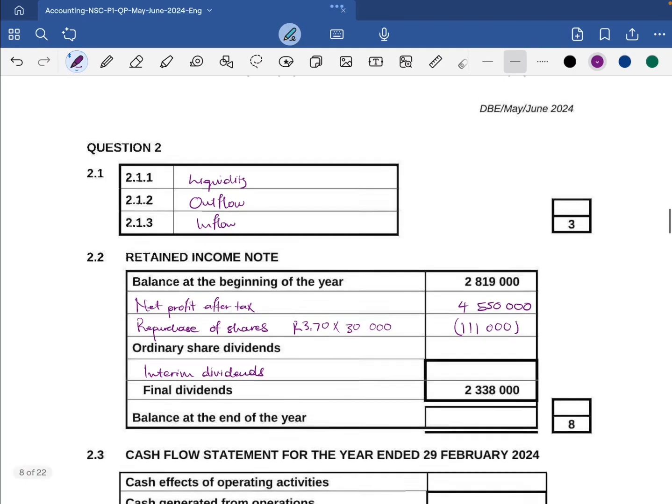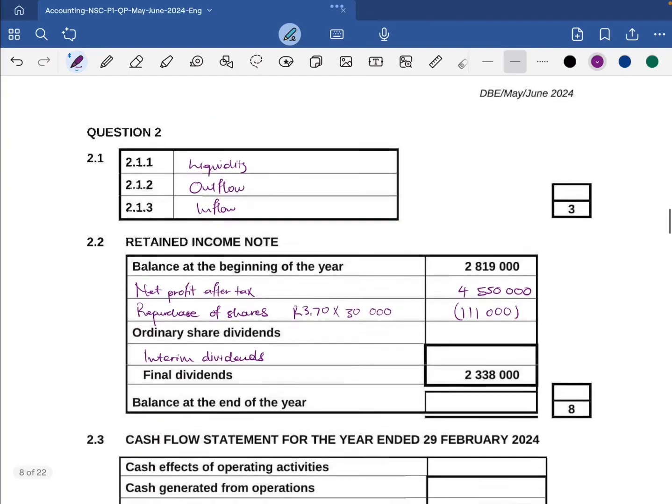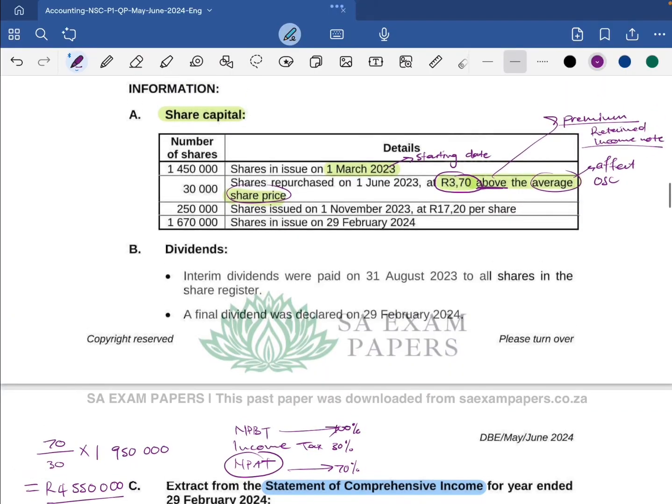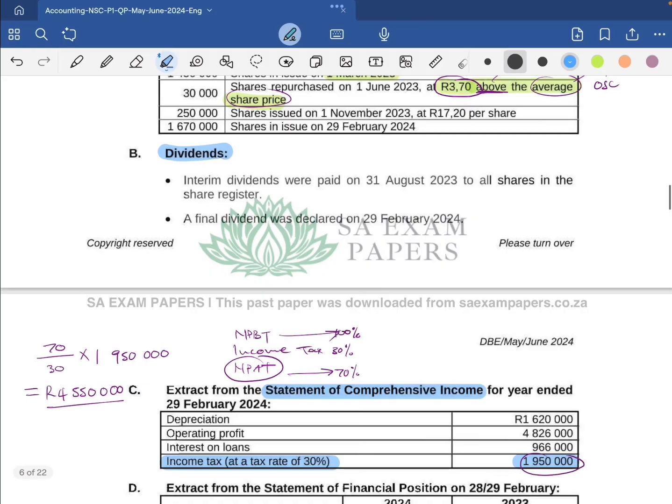Right, now we need to have a look at our interim dividends. So information about interim dividends, we're going to find it in information B. It says interim dividends were paid on the 31st of August 2023 to all shares in the share register. We don't necessarily need to worry about the final dividend because we're already given the amount.